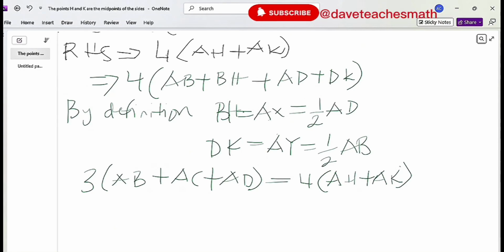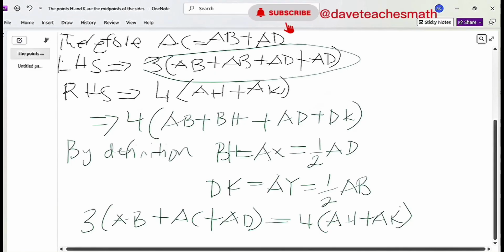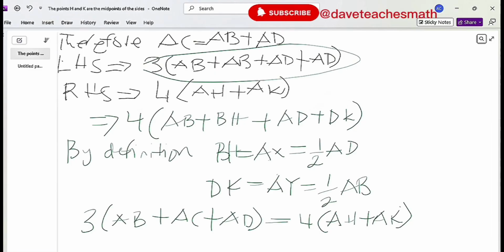Now let's substitute them into what we've gotten so far. On our left hand side we had this, and on our right hand side we had the expressions that we have here.